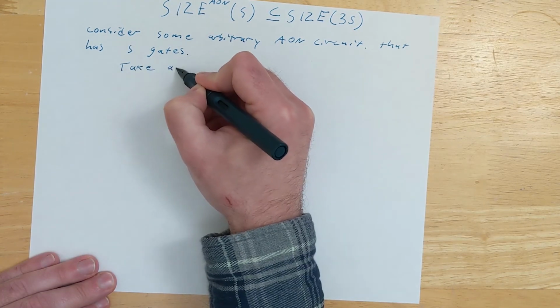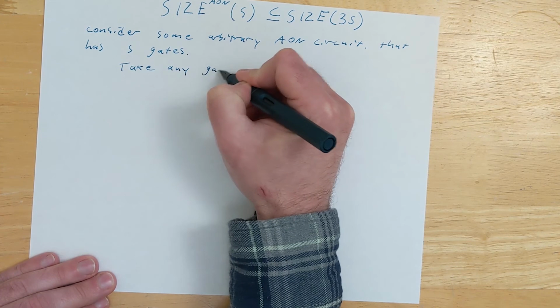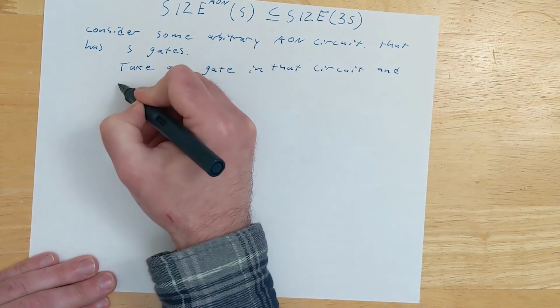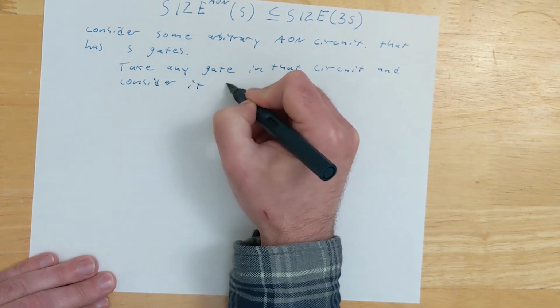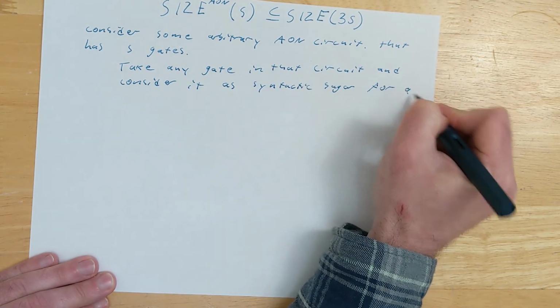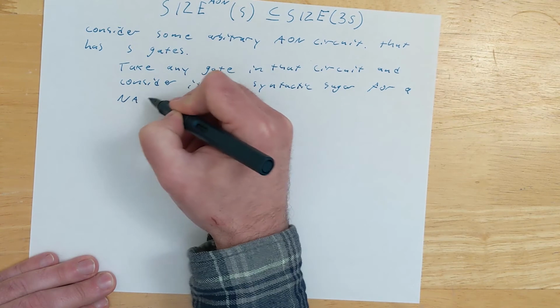Next, we can take any gate in that circuit and consider it as syntactic sugar for a NAND circuit.